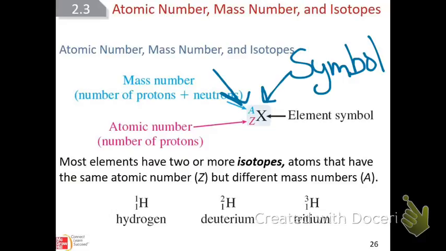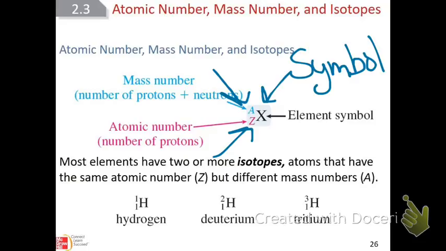We now know that the only thing of an atom that is identical is the number of protons. The number of protons of the same element are identical, but it can have different numbers of neutrons, and we're going to talk about that in just a minute. And then that number of protons is represented by the letter Z down at the bottom.